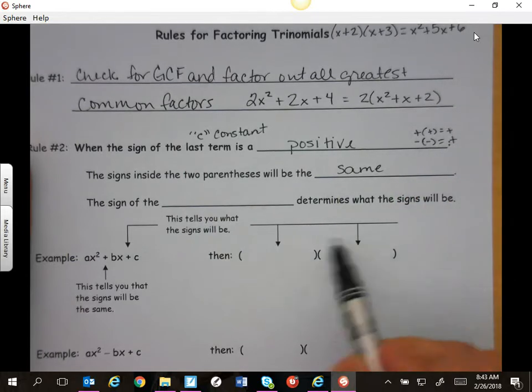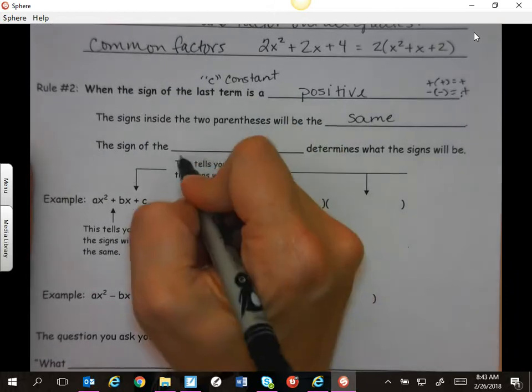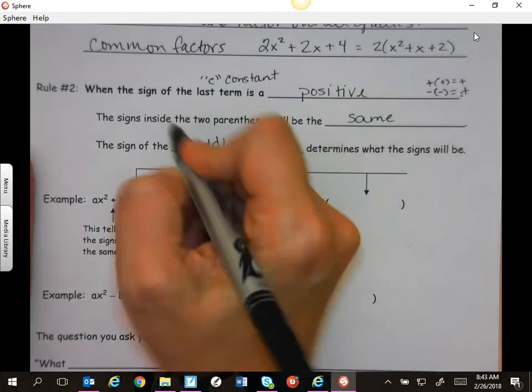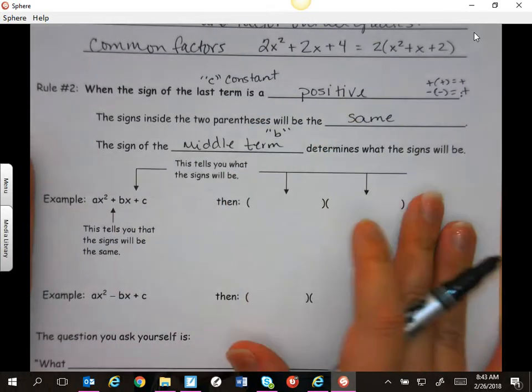So these are either going to be both positive or both negative. And the way you decide is by looking at the sign of the middle term, which we call b. That is what determines your signs.